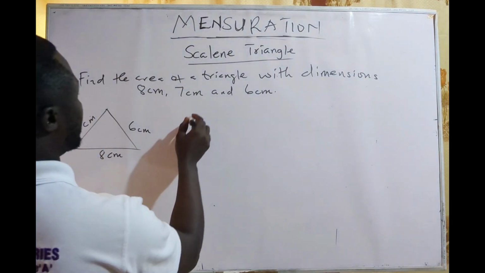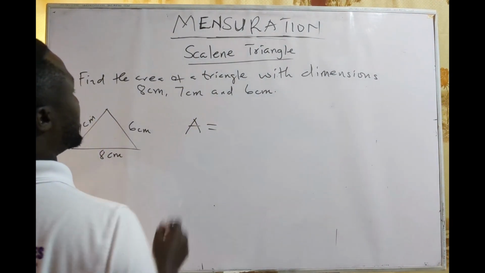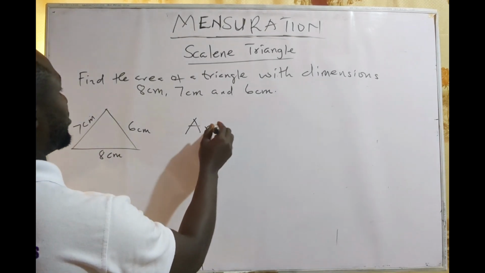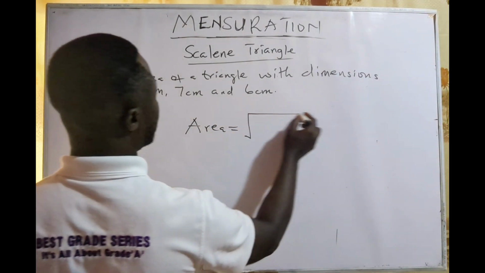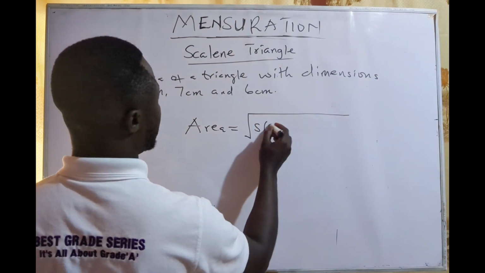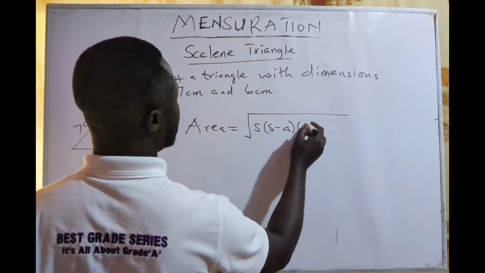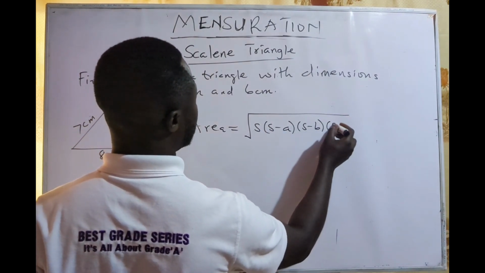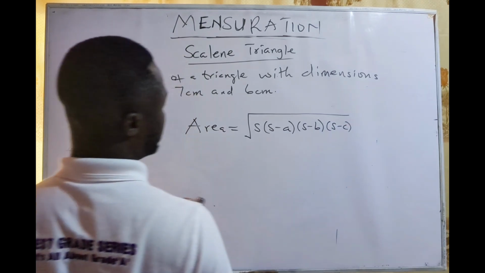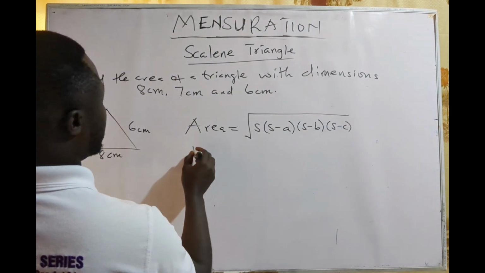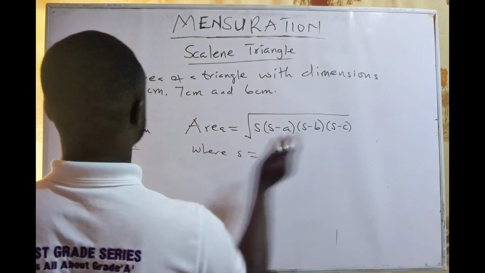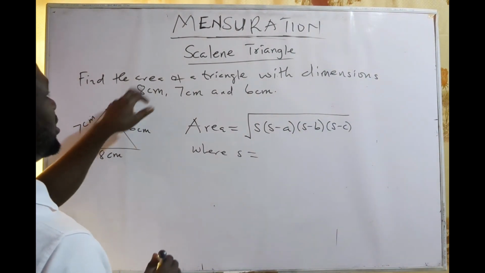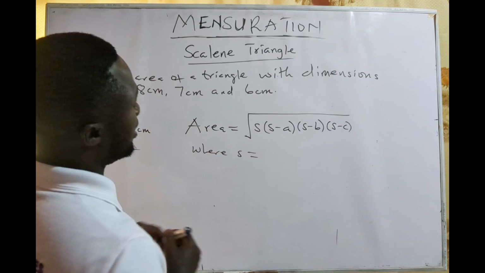Okay, so if I go by Heron's formula, then my area is going to be the square root of s into bracket s minus a, s minus b, and then s minus c, where s is a plus b plus c all divided by 2. Here my a is 8, b is 7, and c is 6.